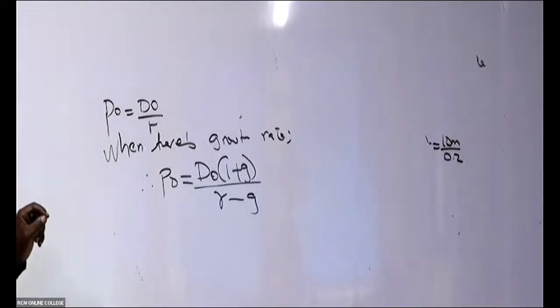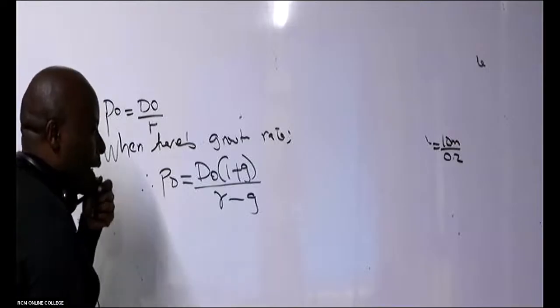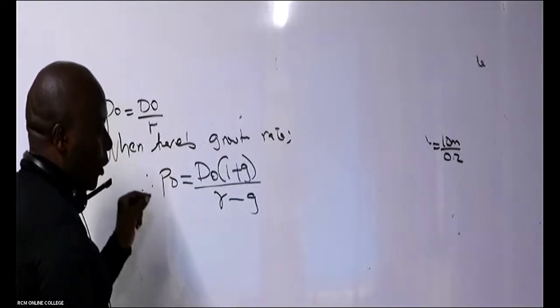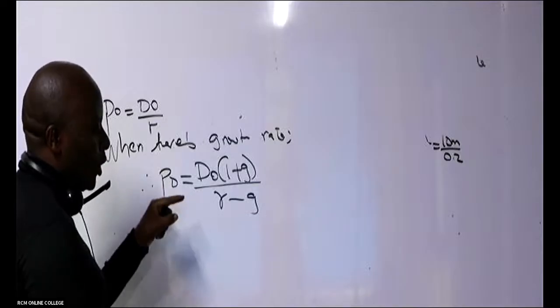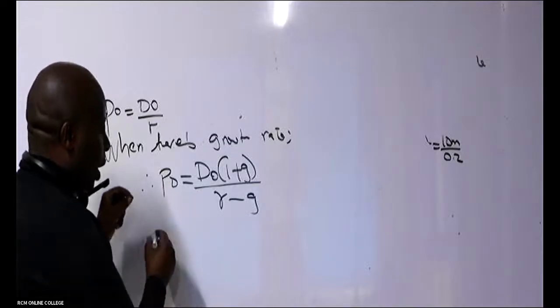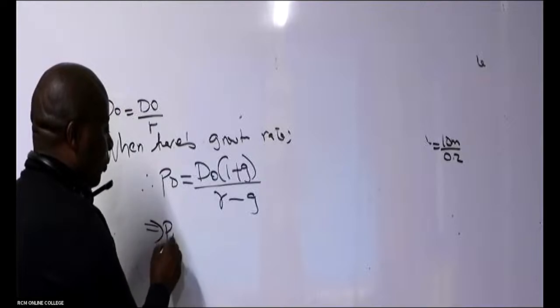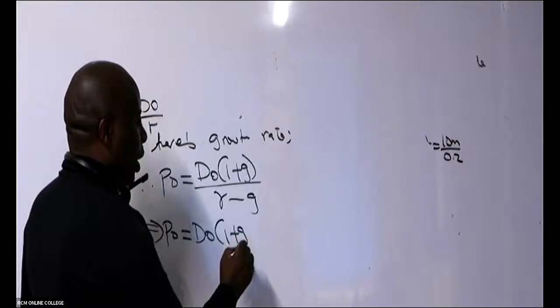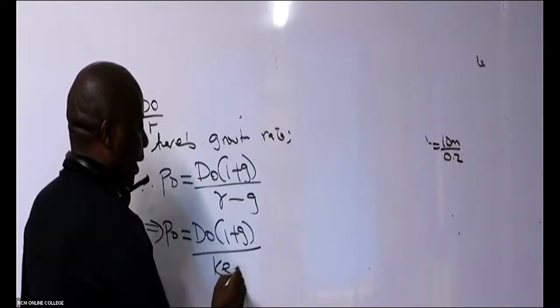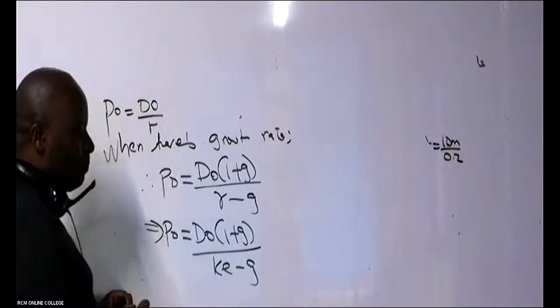But now, ladies and gentlemen, remember I'm valuing equity, which belongs to equity holders. So at the end of the day, this is how the formula will look: P0 equals D0 into 1 plus g, all over Ke minus g.